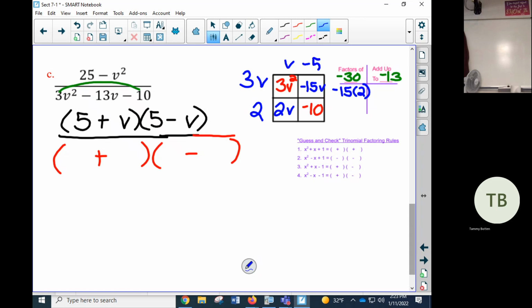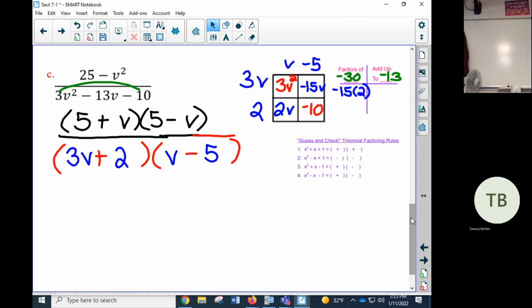Negative 5, okay? So now I have it factored. One of my things is b minus 5, and one of my things is 3b plus 2. Now, if we didn't have the box method, and I know some of you don't really like to do that, how we teach it when we don't have that is that we're just doing trial and error.